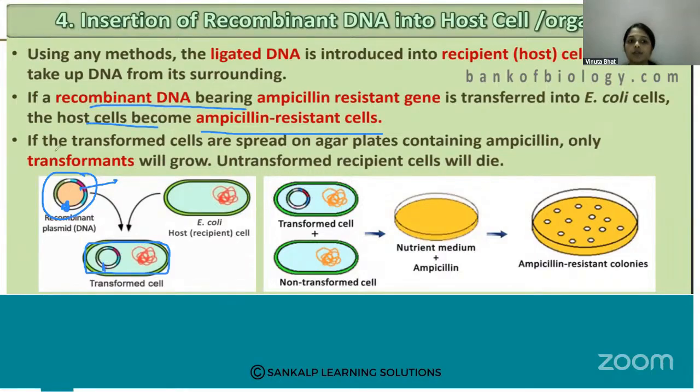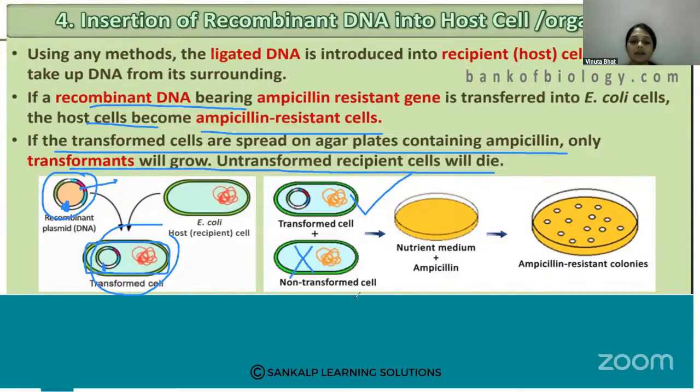Okay, so if the transformed cells are spread on agar plates containing ampicillin, only transformants will grow, untransformed recipient cells will die. So if you grow this bacteria in an ampicillin containing nutrient media, the transformed cells will grow, the non-transformed cells will not grow.